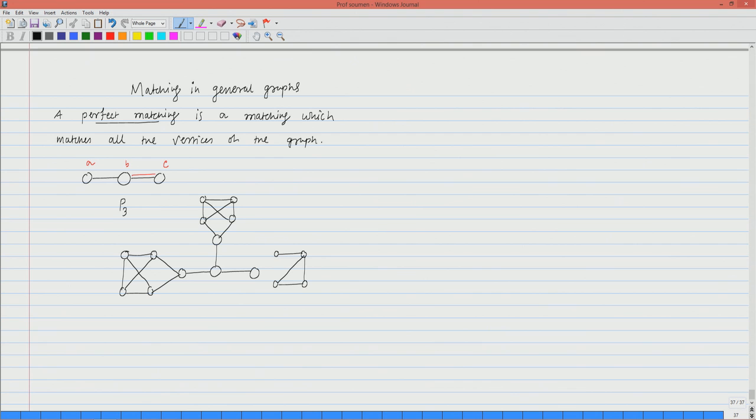Every vertex has degree 3 and it has 16 vertices, and this graph is called the Sylvester graph. Now, we will try to find a matching or say maximum matching in this graph.